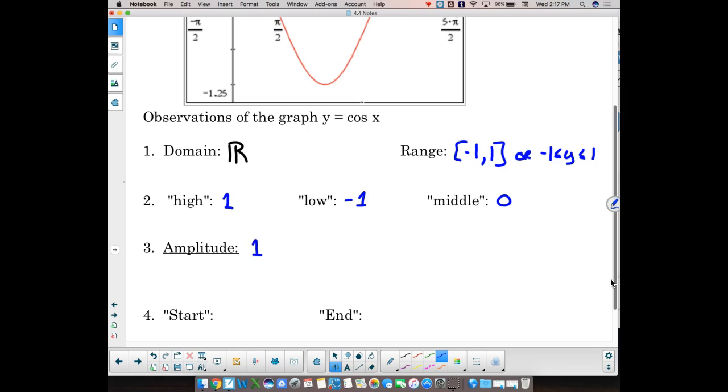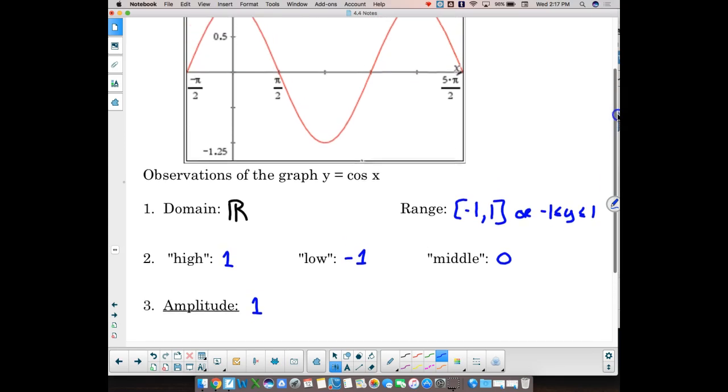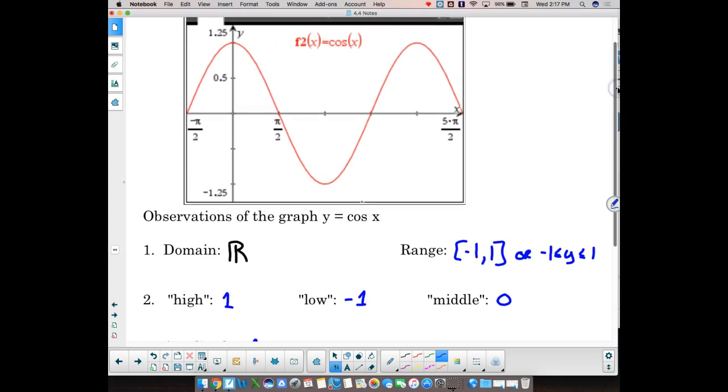Okay. Cosine starts at 1, then it goes down, all the way down to -1 when it reaches a value at pi, then goes back up and ends at 2 pi back up at the top. Okay? Where does cosine start? It starts up, right? So the start for cosine would be here.